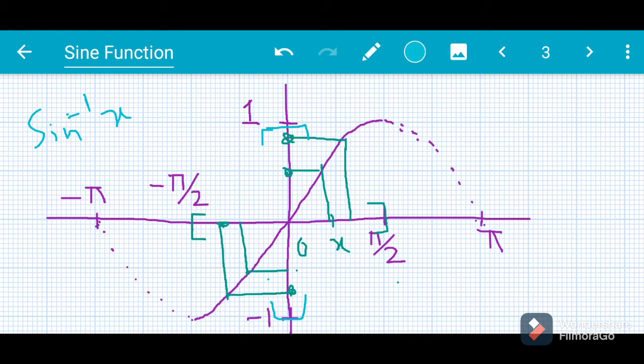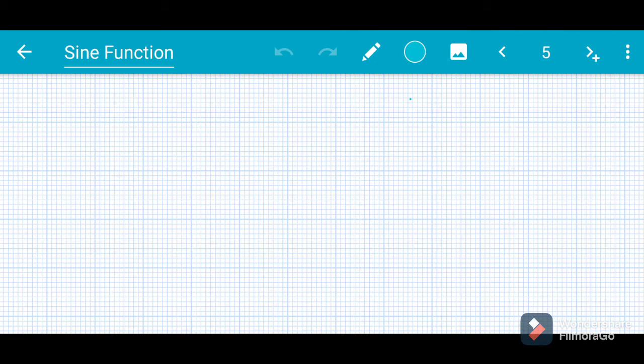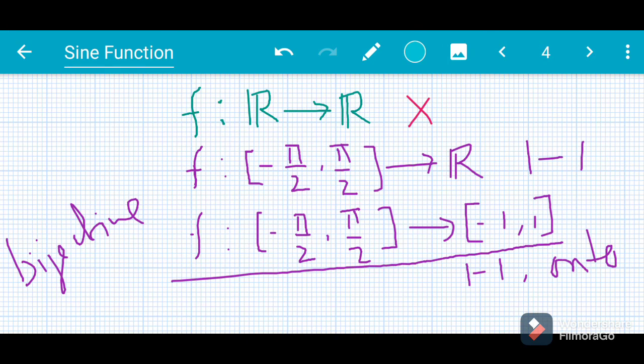You draw the sine curve first, then the curve of sine inverse, and you will see the result when you superimpose these two curves. One forms like this and the other like this, and you can find a symmetry between them. So this is how we show sine is bijective, and therefore sine inverse could exist.